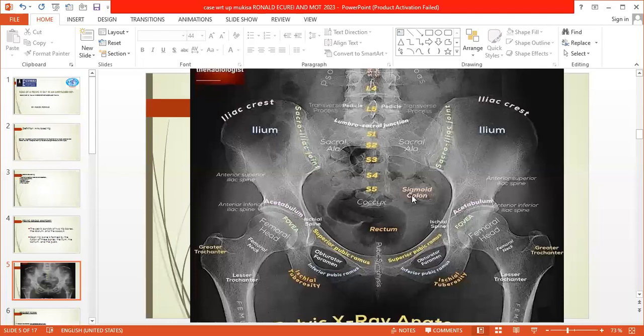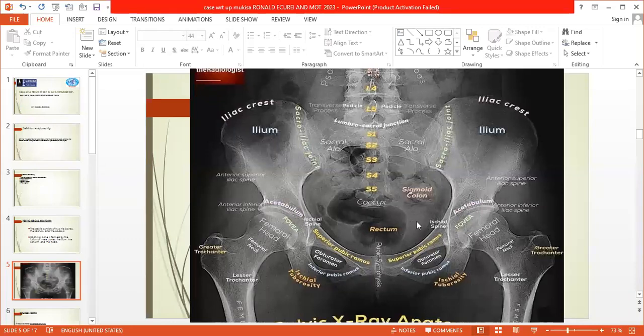The sacral ala, the sigmoid colon, which is not even involved in our bony component, the acetabulum, the fovea, the femoral head, the femoral neck, the greater trochanter, the lesser trochanter, the obturator foramen, the ischial tuberosity, the superior pubic ramus, and the inferior pubic ramus. They are bilateral to each other. Briefly, the pelvis provides support to abdominal organs such as intestines.